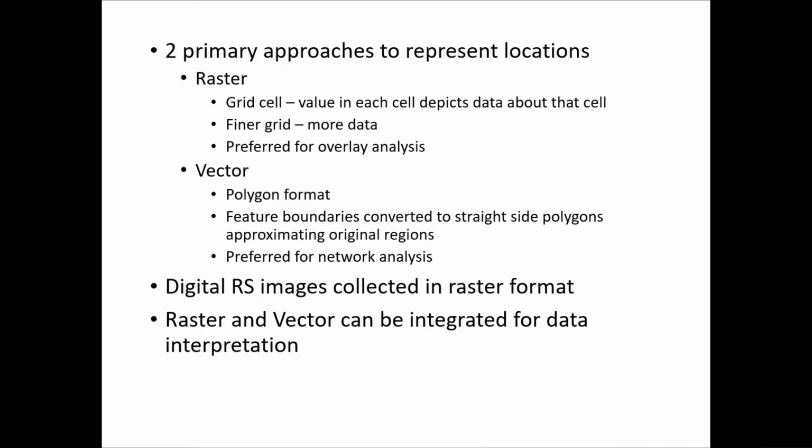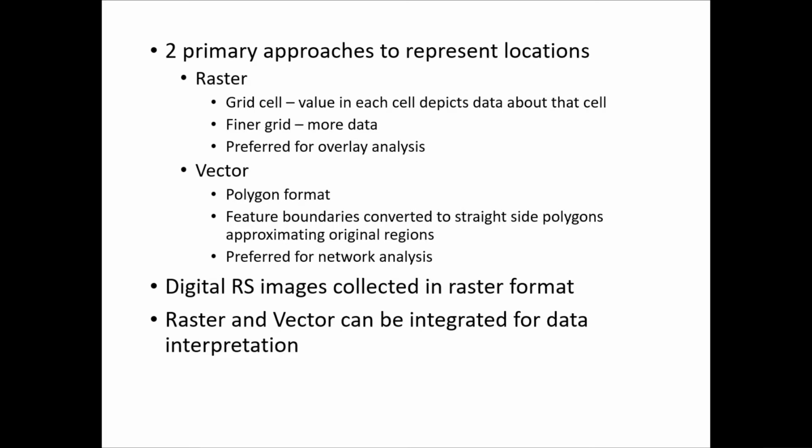Then you have vector files. I told you in the last class, and in today's class also we discussed vector shape files. I kept on telling that particular term, vector shape files, right? What you created for your hands-on application was a vector shape file of our campus. You created a polygon, a boundary of our campus, right? So it is a polygon format, and it features the boundaries. Feature boundaries are converted to straight-sided polygons approximating the original regions.